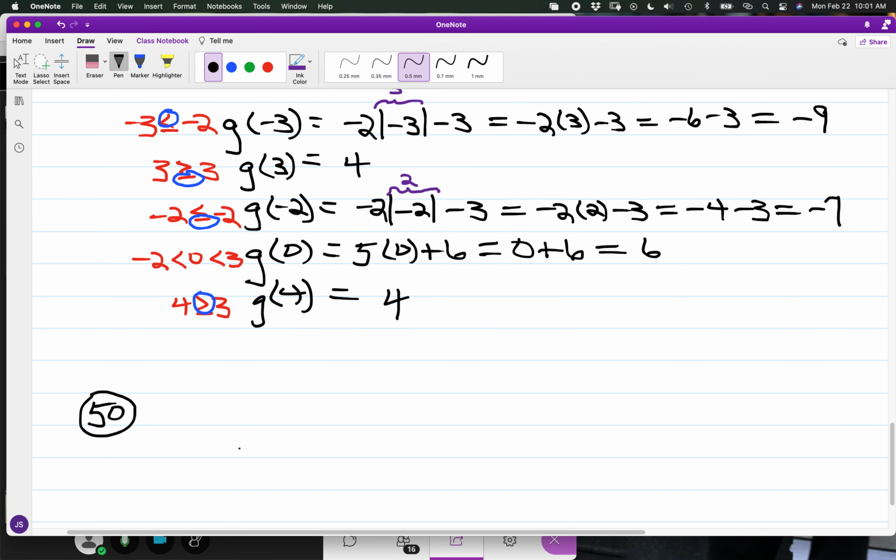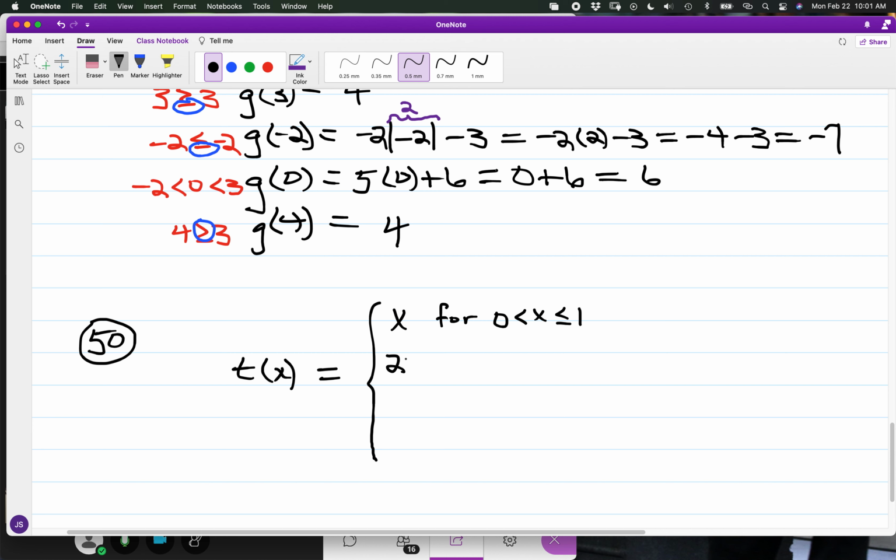And then t of x is equal to 2x for values of x such that 1 is less than x, which in turn is less than or equal to 2.